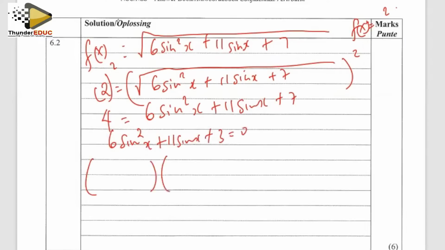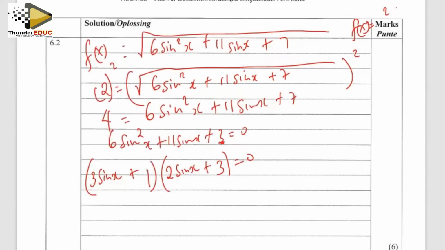Let me factor this out, or you can let sine x be a y or something, okay? So this can be 3 sine x, this can be a 2 sine x. How do I get a 3? It's 1 and 3. Let me call this a 3. Let me put here the 1. All of them are plus since it's just addition.